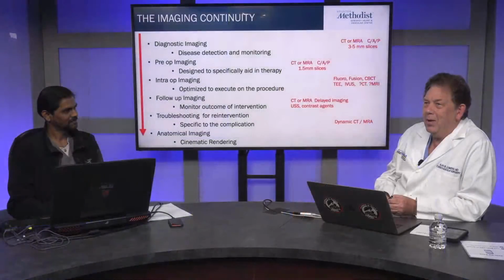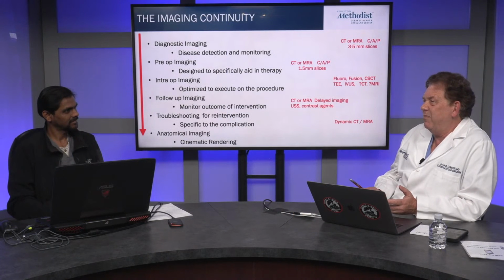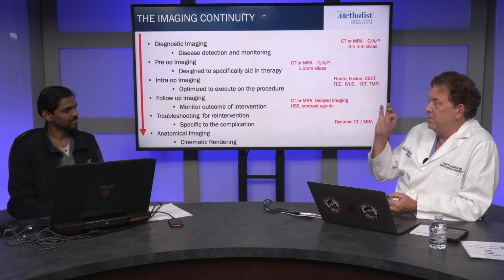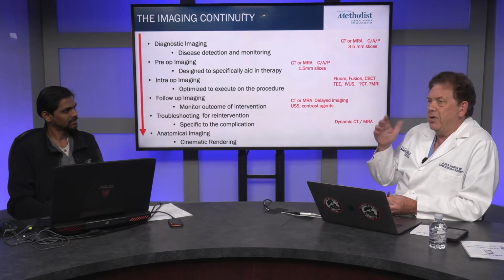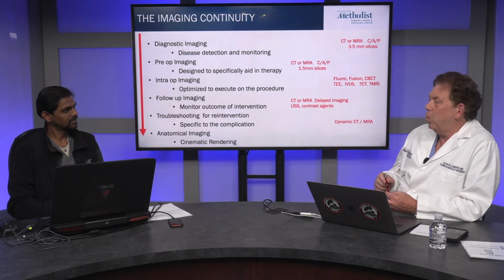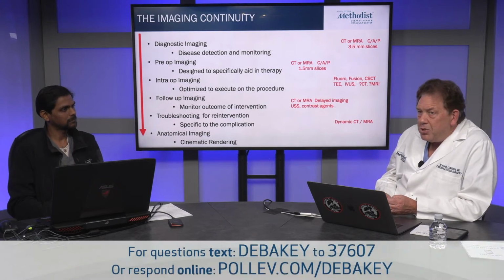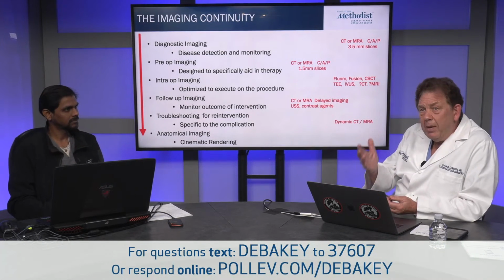For example, we talk about fenestrated grafts, and sometimes we have a scan that is 2.5, 3 millimeters in thickness. I always hear you saying we shouldn't be doing this. It should be 1.5 millimeter slices, because it makes a big difference in making those fenestrations. That has increased how tuned in we are to the quality of the outpatient CT scan, and you may or may not be able to influence that.